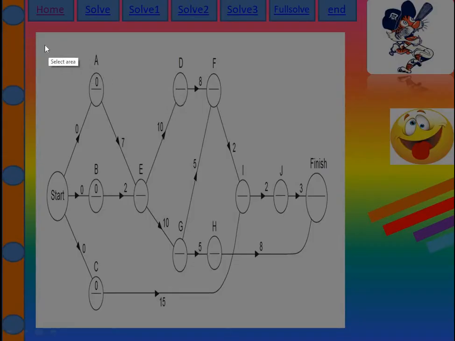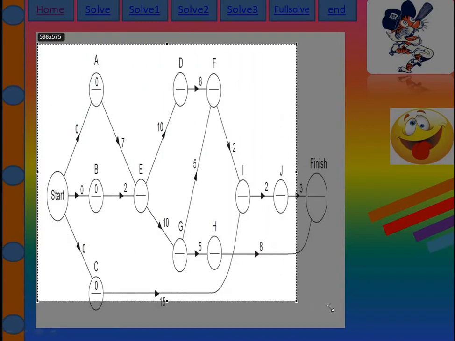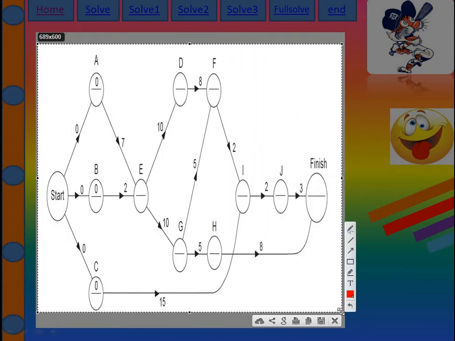For the forward pass, you need to select the highest value. You can't select the lower values. When I backtrack, then I take the lowest value, not the highest.